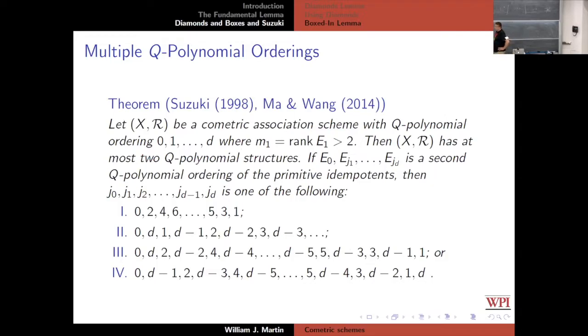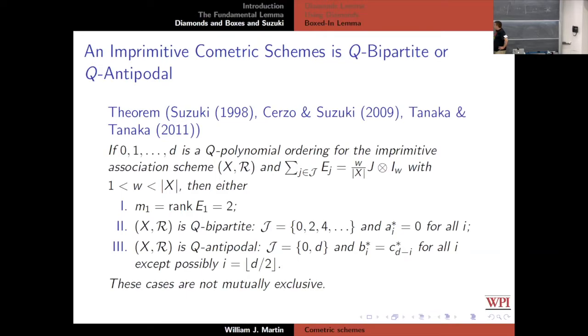So that's the multiple polynomial orderings theorem, which is a very important paper for me, 1998, that Suzuki taught me a lot. Suzuki also proved that if you have an association scheme which is Q-polynomial and imprimitive, then you have what Paul calls degenerate idempotents. You have E_j's with repeated columns.